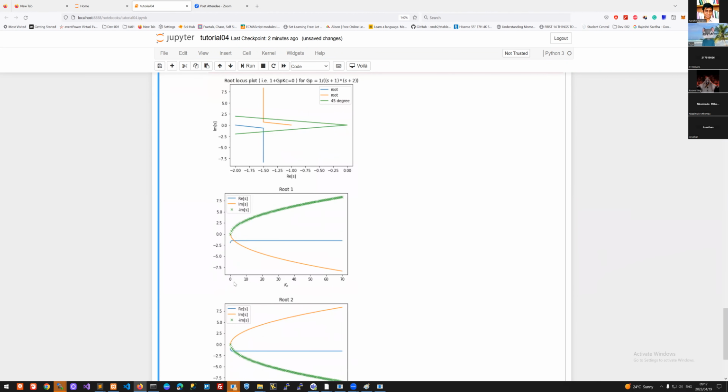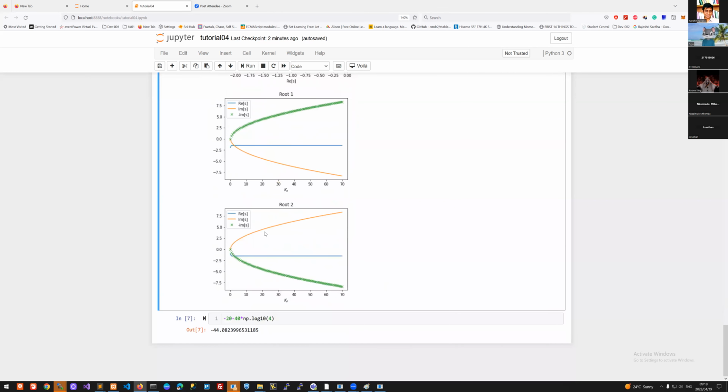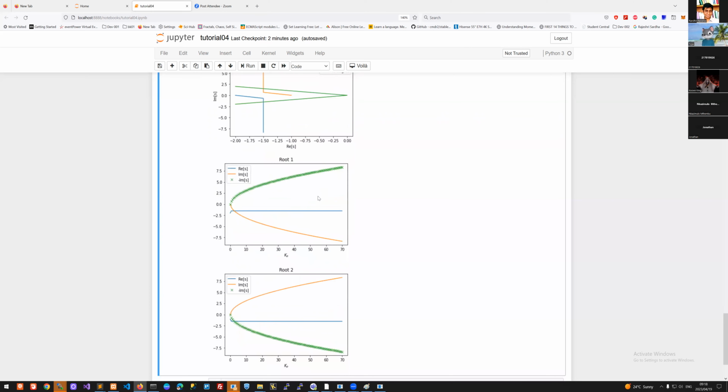And then if we look at how the roots look as we change Kp, we can see in the first root case, the blue line is the real part. The real part is always negative. And then we do get imaginary parts here. And then we have to do this for each root.